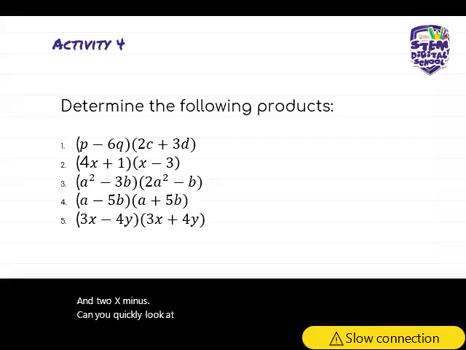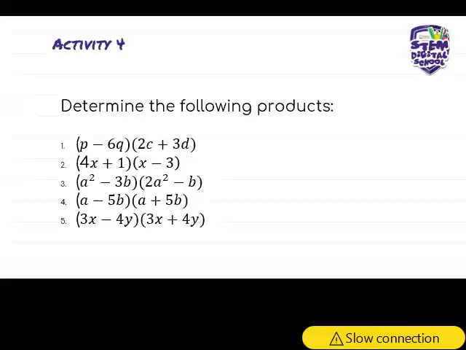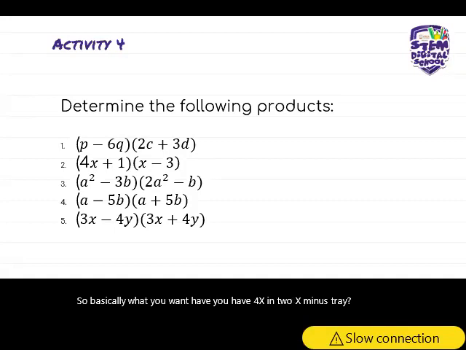How are we going to simplify it? So basically what you will have is 4x into x minus 3, and then plus 1 into x minus 3.